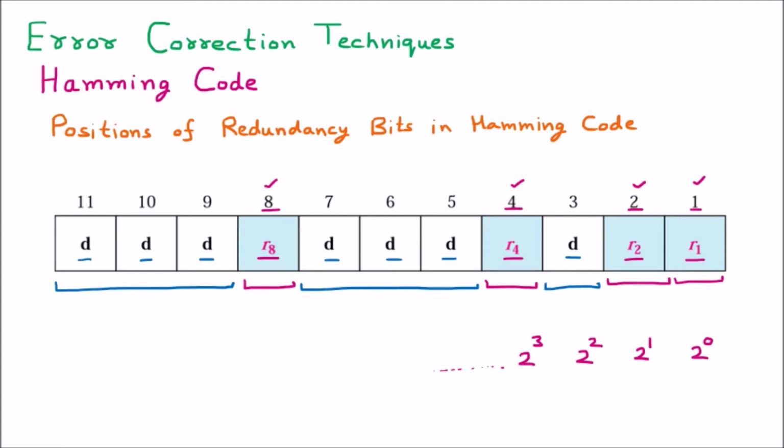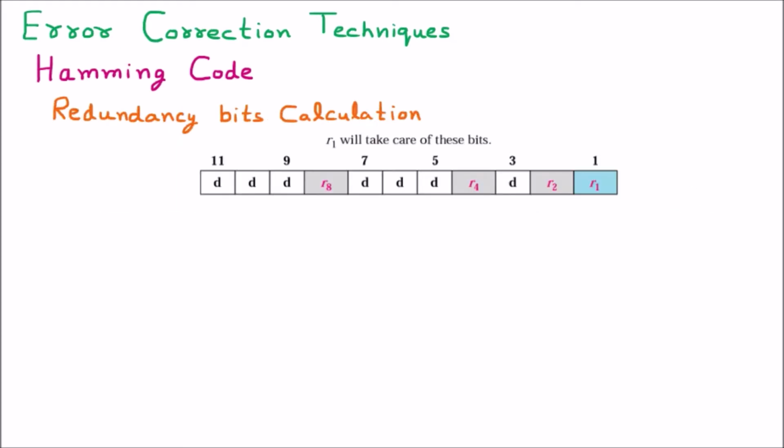Now we are learning how the redundancy bits are calculated. We already know that at the first place we have R1. Now, which bits will this R1 take care of? R1 means 1, so at the gap of 1 it is going to take care.